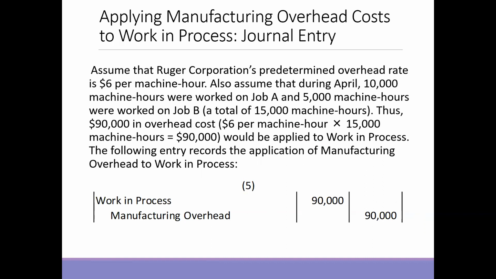And then we've got, during April, 10,000 machine hours were worked on job A, 5,000 machine hours were worked on job B, 15,000 machine hours. So we've got at $6 an hour, we're debiting work in process for $90,000, we're crediting our manufacturing overhead. Okay?